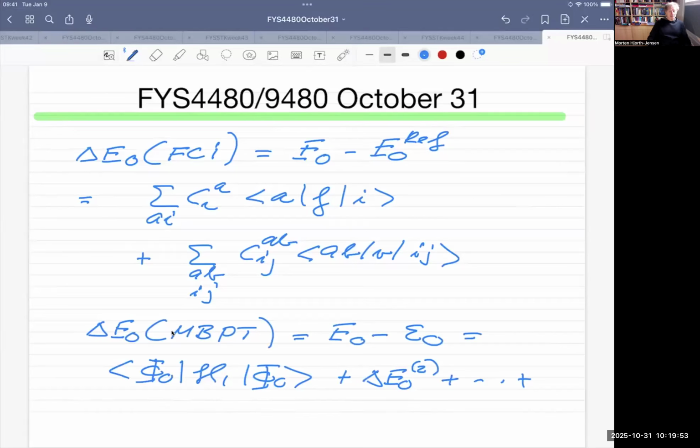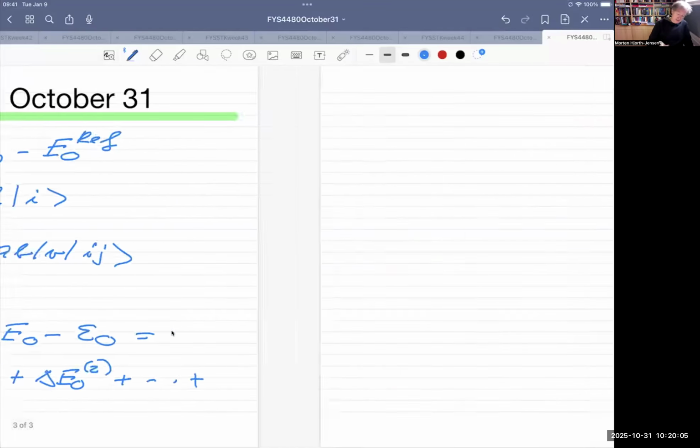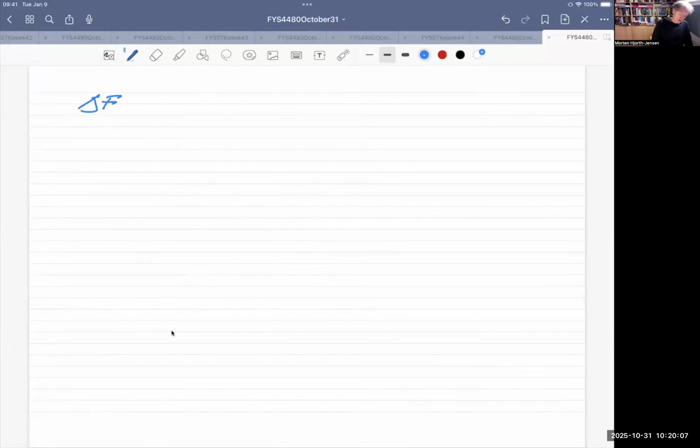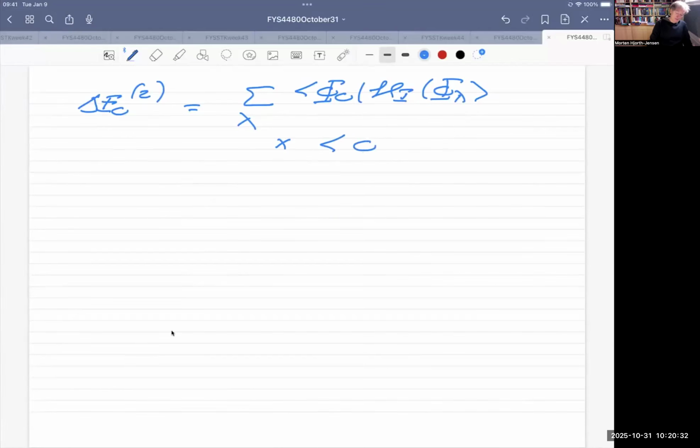What we did yesterday was actually to calculate the second order term. So yesterday we looked at delta E0 to second order, and the interaction H of I defines a contribution over intermediate states, where we have the integrals which connect the ground state with an intermediate state phi lambda, multiplied with phi lambda.